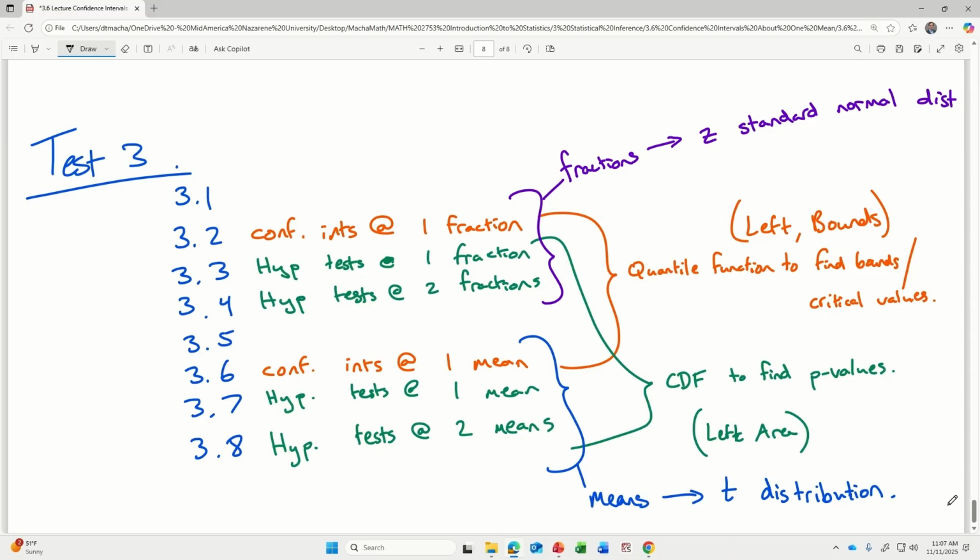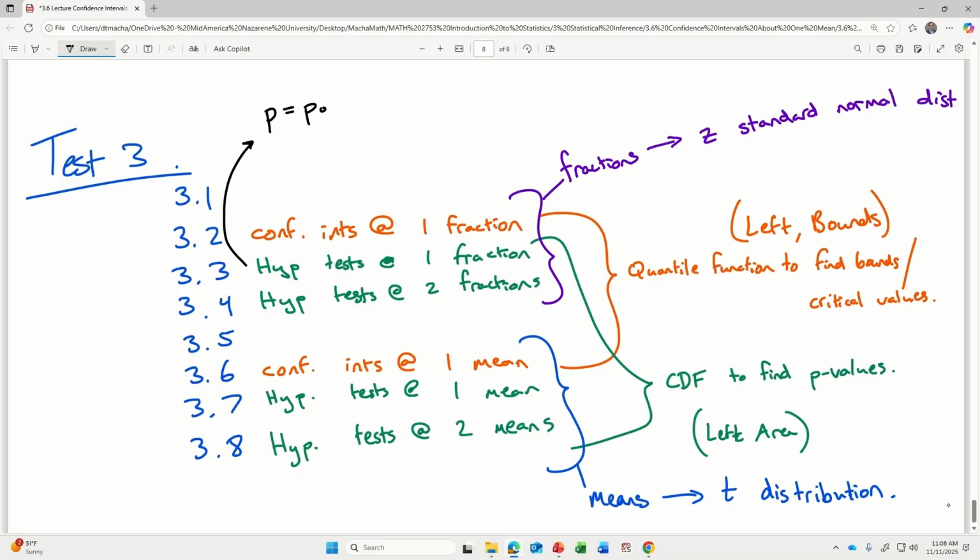In this case, with these kinds of hypothesis tests, we actually do know what the population standard deviation would be if we assume that the null hypothesis is true. Because our null hypothesis in these cases is saying that my population fraction is equal to some number.